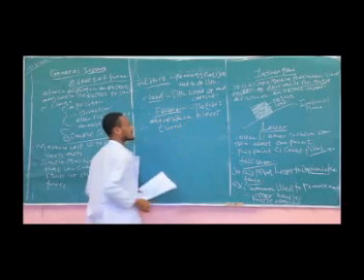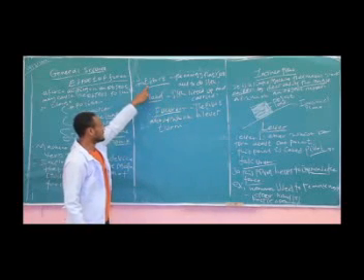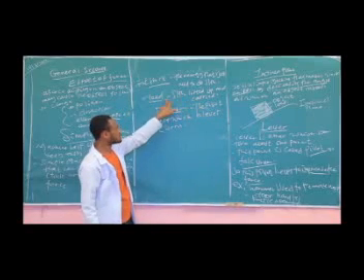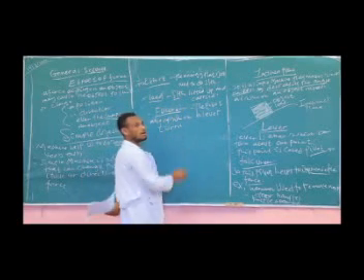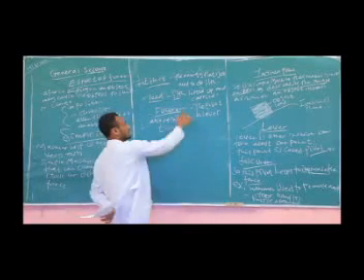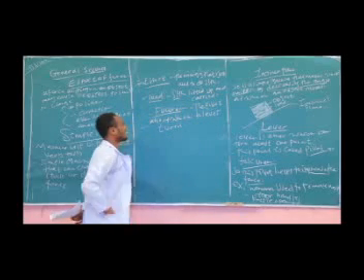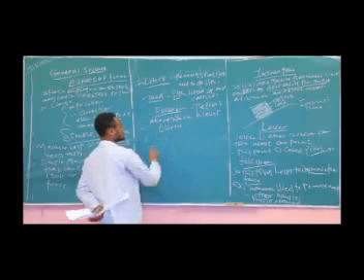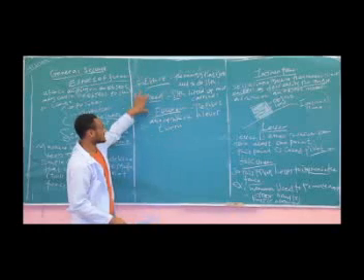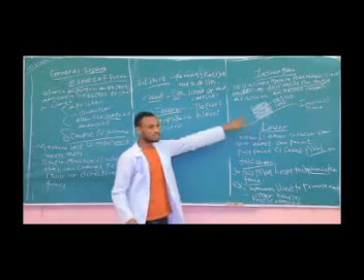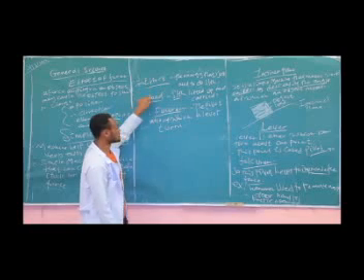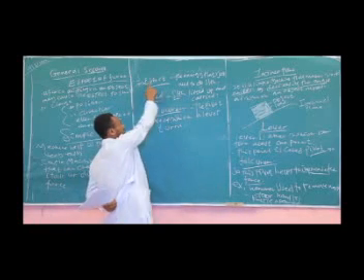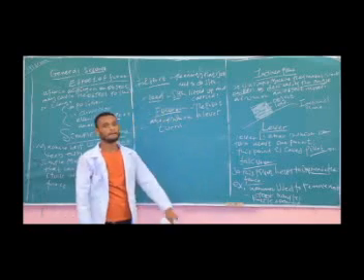So look, students, effort is the energy that you need to do something, the load is a given object that is lifted up and carried, and the fulcrum is the pivot about which a lever turns. So these three basic things are found in a lever. The first one is effort, the second one is load, the third one is the fulcrum.